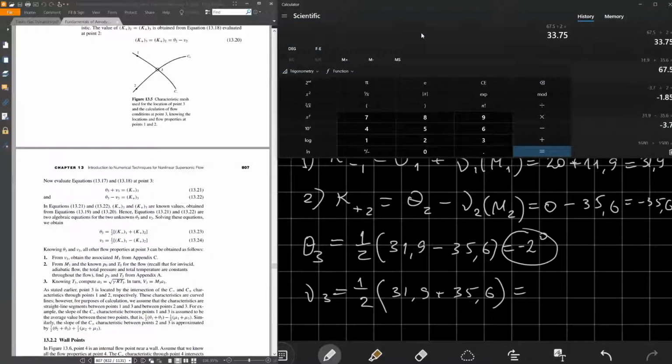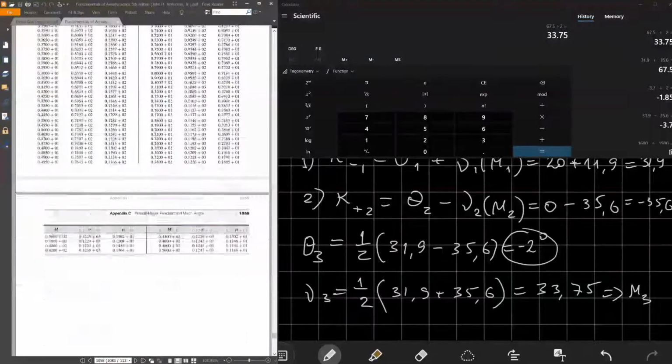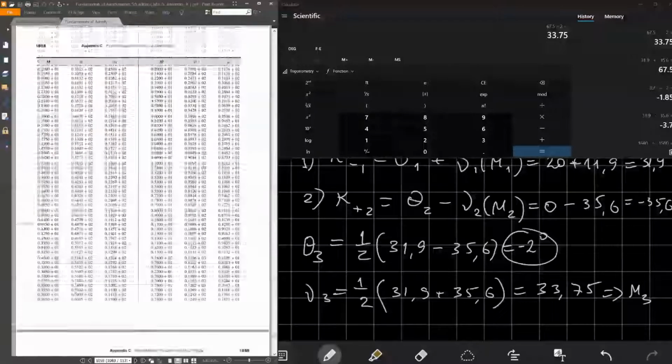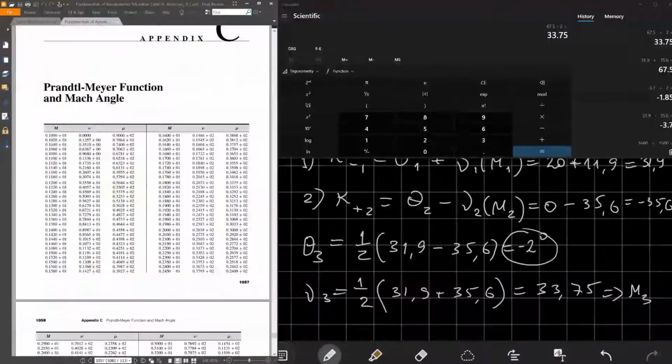$33.75. 3375. And from here we can find the Mach number from Appendix C. We just see where is our 33.